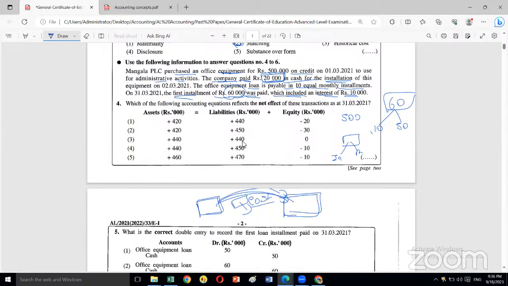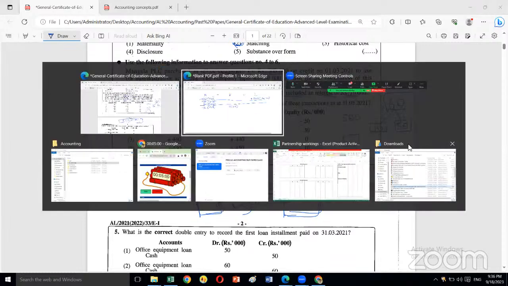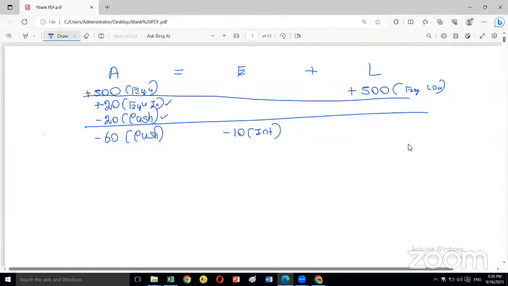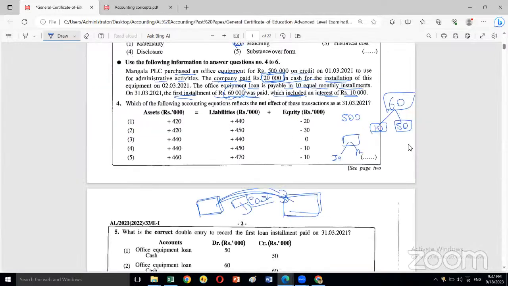Then from 60, 10,000 is interest, so how much is the actual amount, Buddha? 50,000. Baba, the actual amount you repaid for the bank loan will reduce your what? Liability. So your liability is going to reduce by how much, Buddha? 50,000. What liability reducing? Equipment loan.